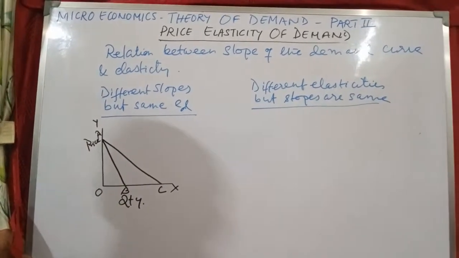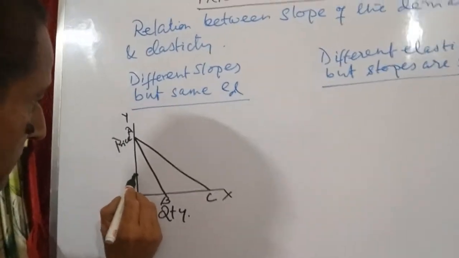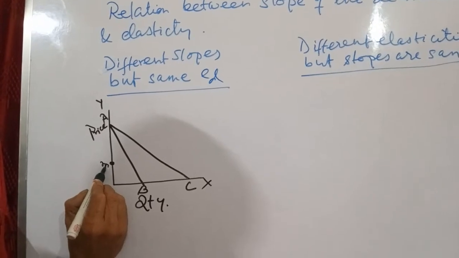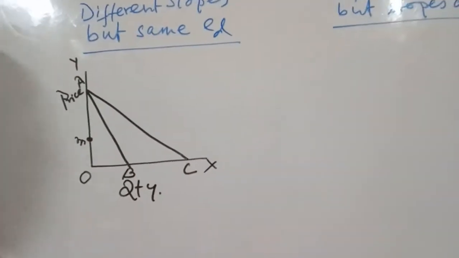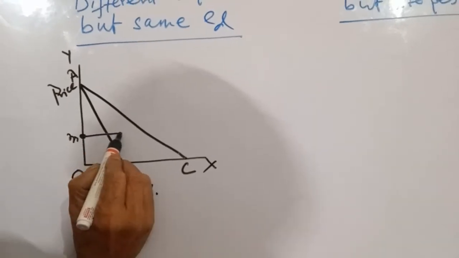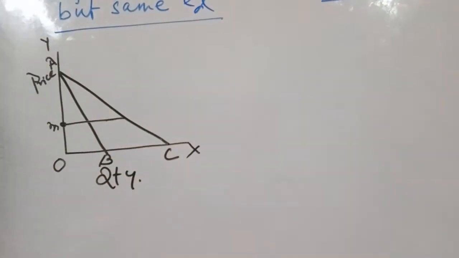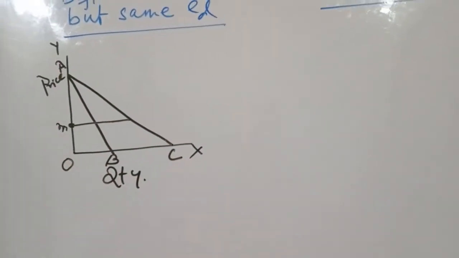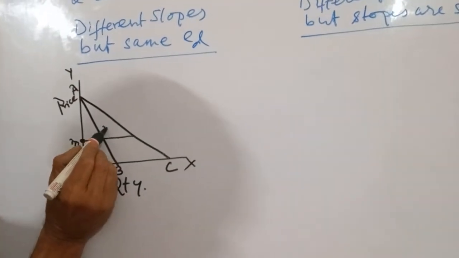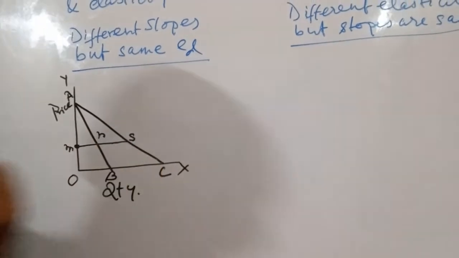Correct? Now let this be point M. Please watch very carefully. Now we draw a line parallel to x-axis on AB and AC. The line cuts AB at point R and AC at point S.